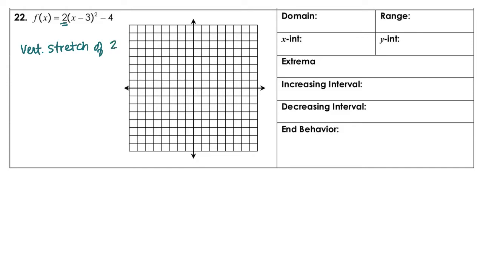We have been moved to the right 3, and then we've been moved down 4. So we know a little bit about this. So a vertical stretch, that means we're stretching this vertically, so it's probably a little skinnier. So we can do a quick sketch of this. We've moved to the right 3, and then we've moved down 4.